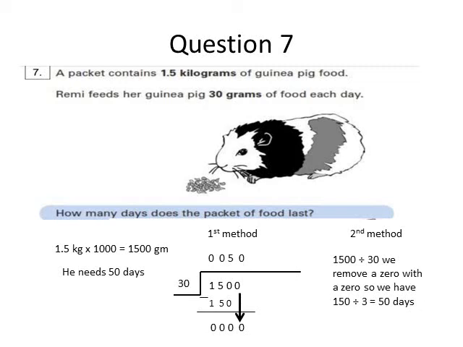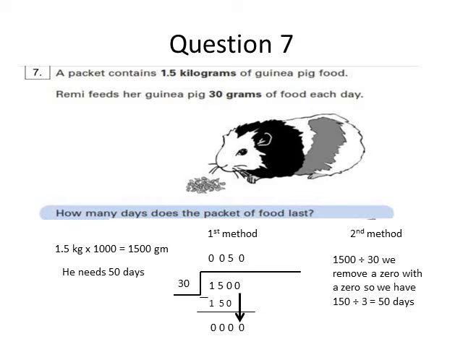But once you write down the next digit, you have to divide again to make the cycle start all over again. So 0 divided by 30 equals 0, and subtract, which is 0, and it ended like that. It's without any remainder, so the answer is 50. So he needs 50 days.